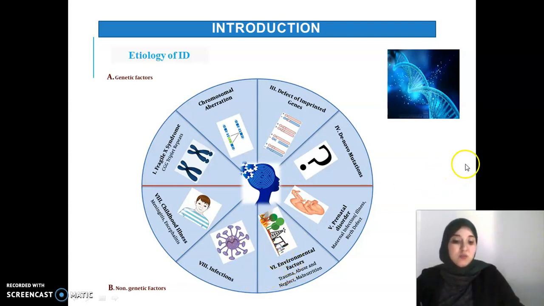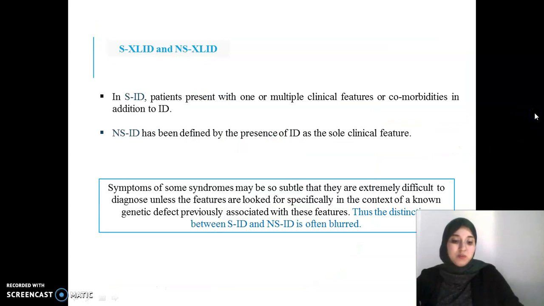In addition to categorization by severity by IQ level, ID can also be grouped into syndromic ID when patients present with one or multiple clinical features or comorbidities in addition to ID, and non-syndromic ID when the presence of ID is the sole clinical feature.